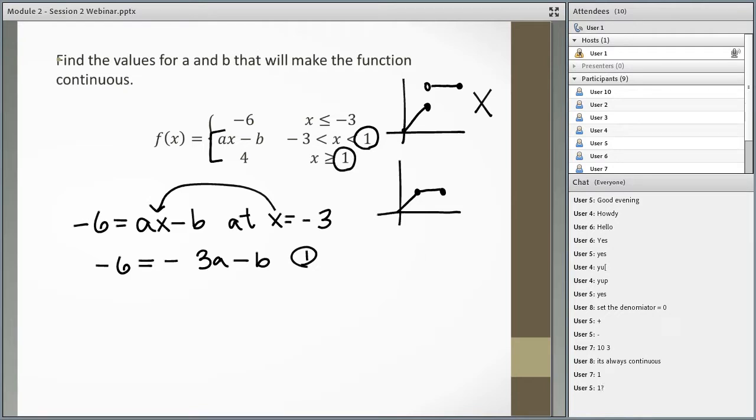This one ends at 1, and this one starts at 1, which means that at x equals 1, I need those to have the same value so that if they're equal, that means there's no break in the graph. So because that one ends at 1 and the other one starts at 1, that's where I want them to be equal. So at x equals 1, I want ax plus b to equal 4.